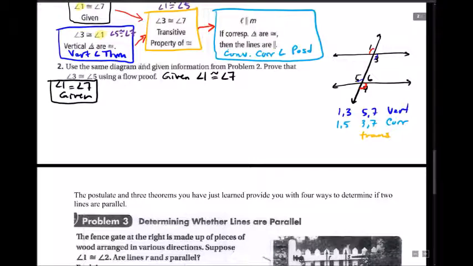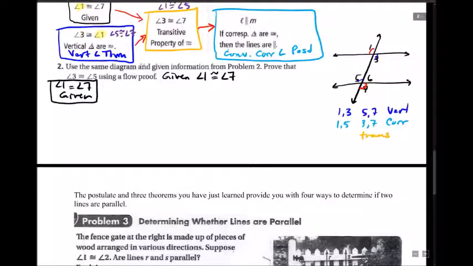So we want something that we can relate to angle 1 or angle 7. We're trying to get to 3 and 5. Well, what can we combine here? What choices do we have? It doesn't matter. We could either use 1 and 3 or 5 and 7.